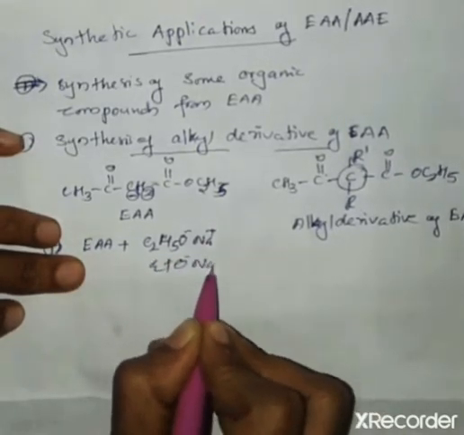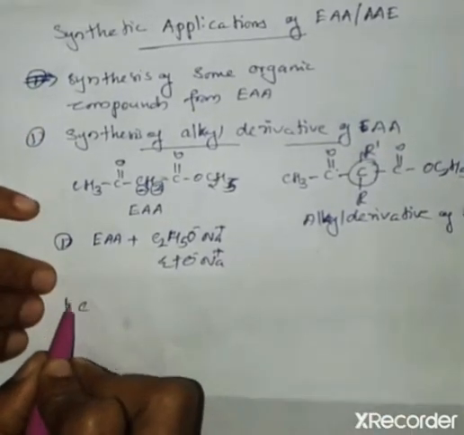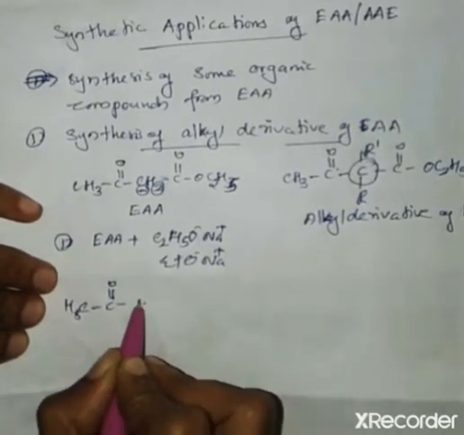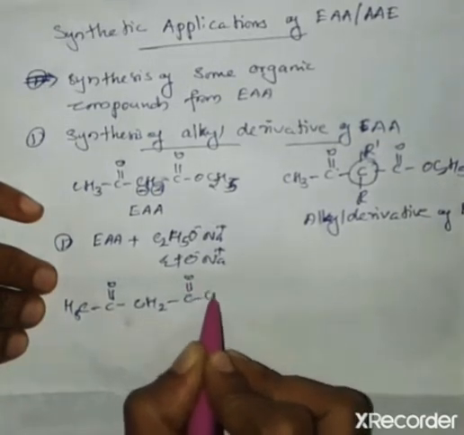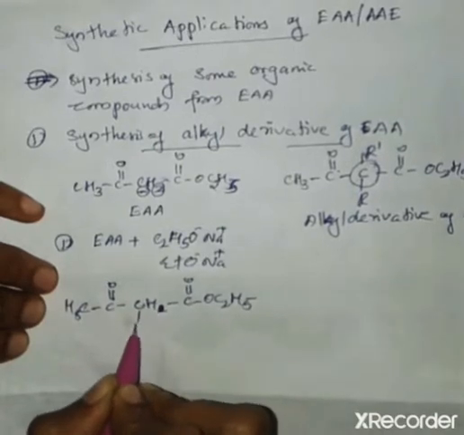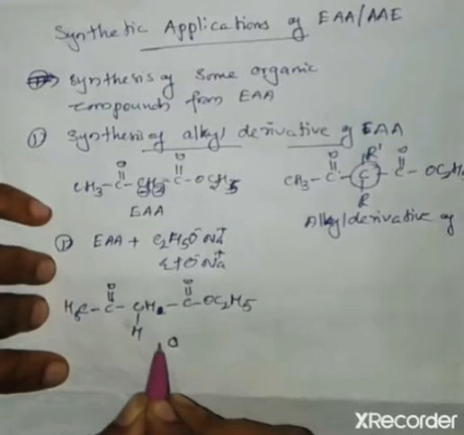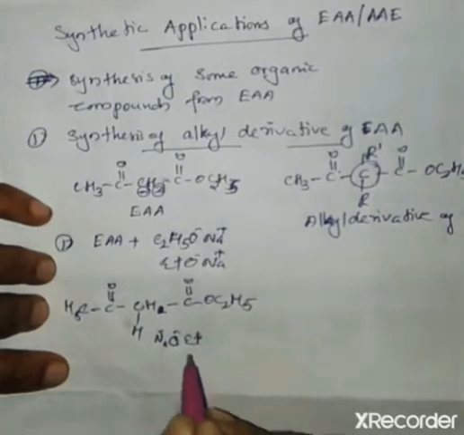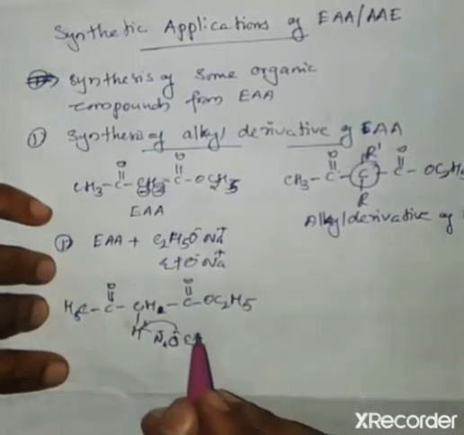So we can get CH3 C double bond O, CH2 C double bond O, OC2H5, which reacts with Na plus OEt minus. This hydrogen is abstracted by the ethoxide ion.